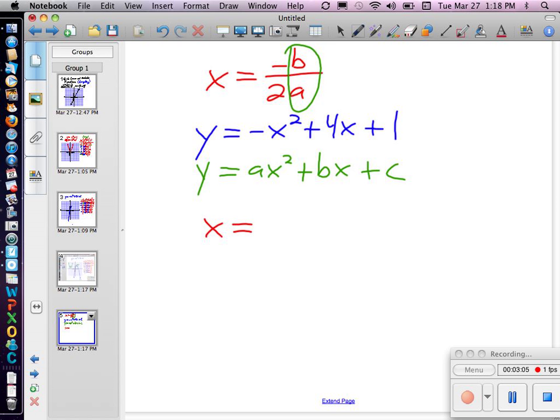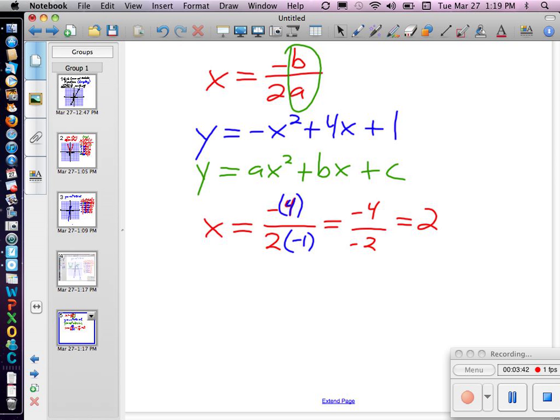So x equals, b in this case is going to be 4, so negative b is -4. And then the a in this case is -1, so we have a 2 and a -1. So we have -b over 2a, and we're just going to simplify that. So we have -4 over -2, which is 2.